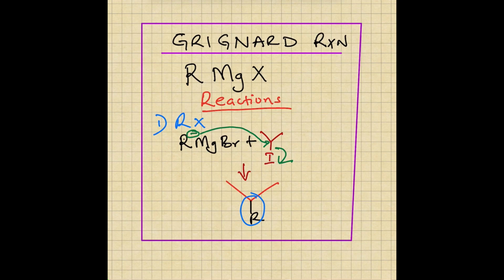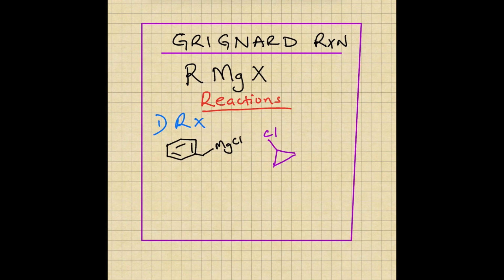Let's look at more examples. So in this case, we are using benzyl magnesium chloride and reacting that with cyclopropanyl chloride, which is actually an alkyl halide.